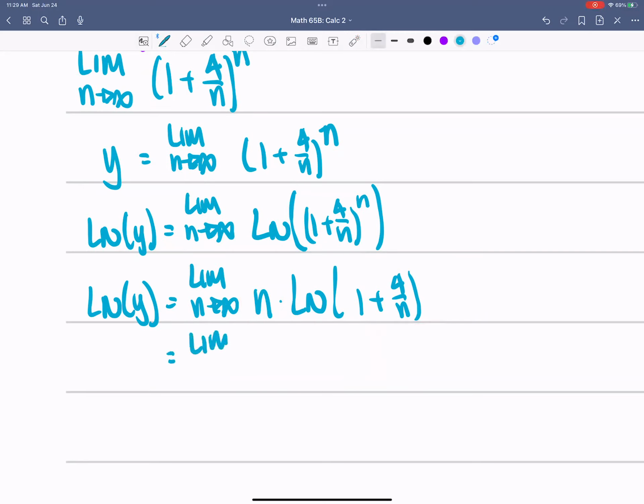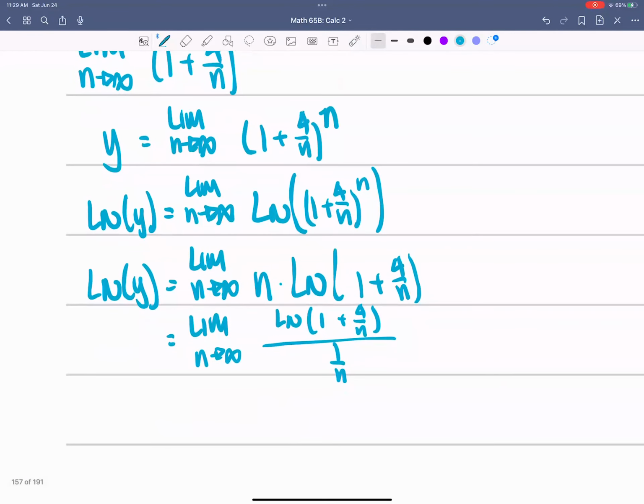So that's going to be the limit as n approaches infinity of ln of 1 plus 4 over n, over 1 over n. We apply the limit, and this ends up being 0. So we have ln of 1 equal to 0, and this part ends up being 0. So what we have is 0 over 0, and we're able to apply L'Hopital's rule here.